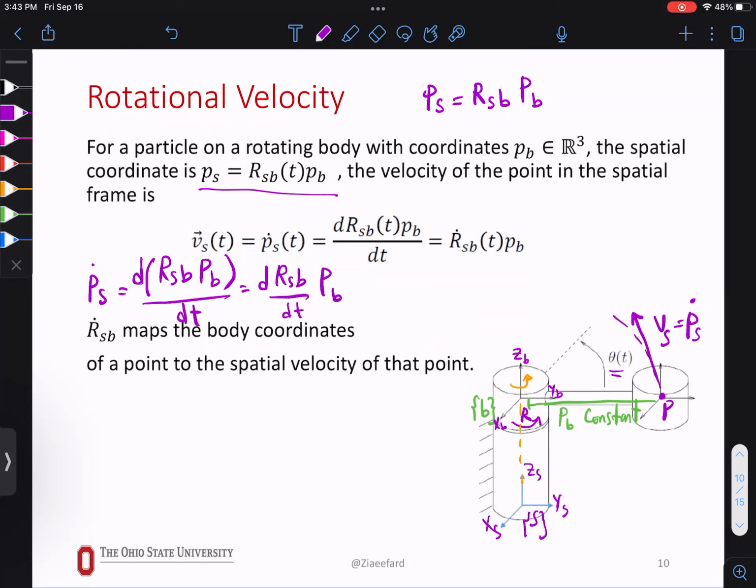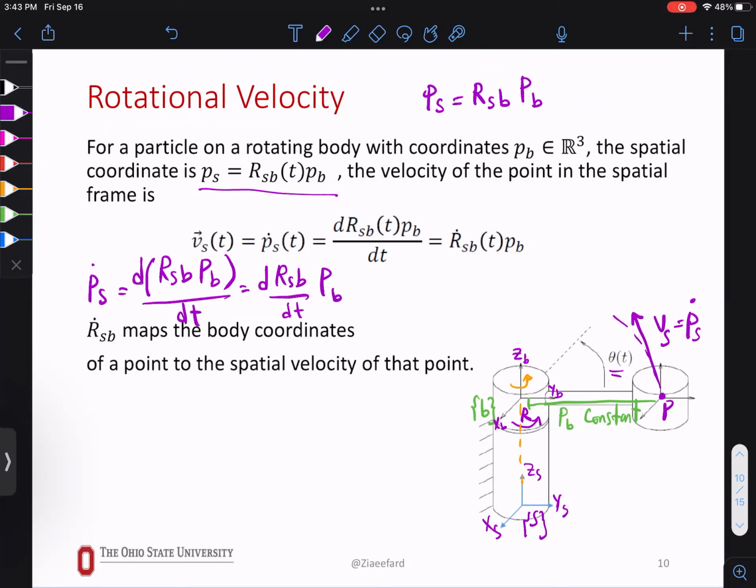Why can we do that? Because PB is a constant value with respect to the body frame, right?